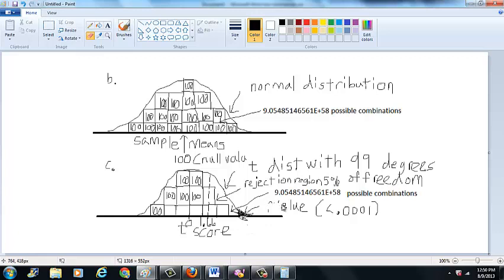So all of this will be changed. This is no longer our rejection region.